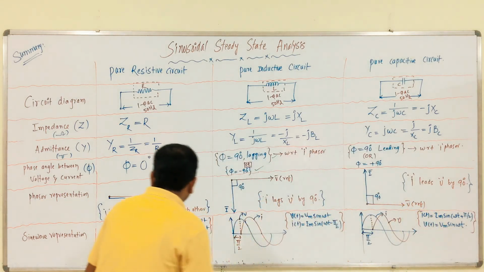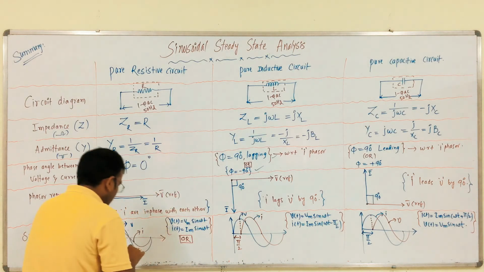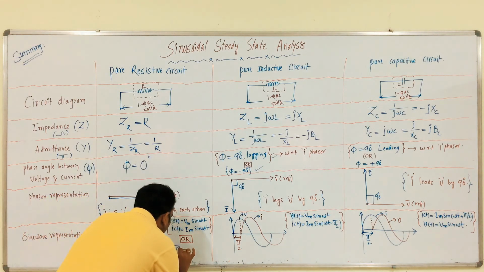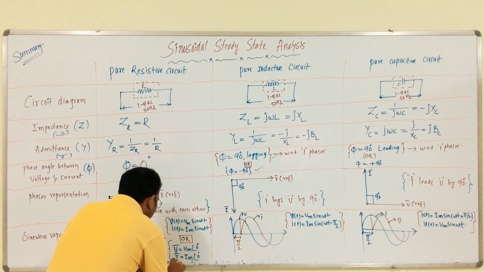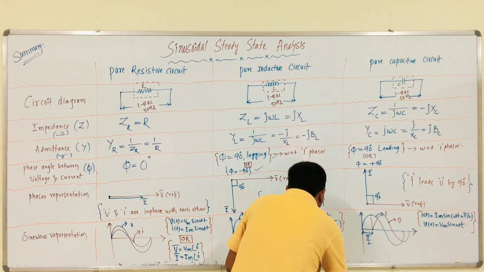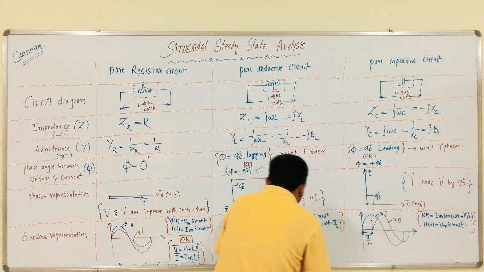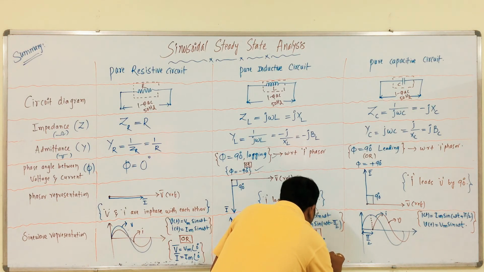Or we can write Vm at an angle 0, Im at an angle 0, right? This is with respect to frequency domain. Next, Vm at an angle 0, Im at an angle minus 90.